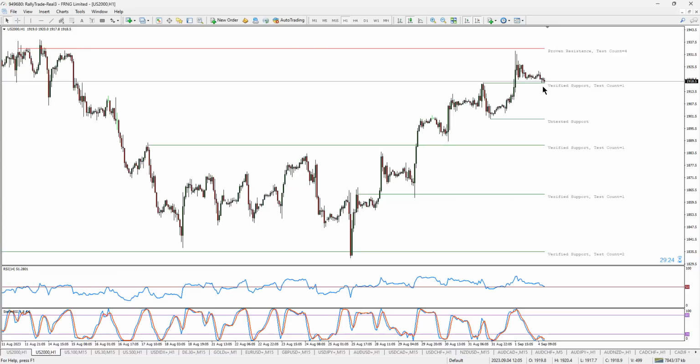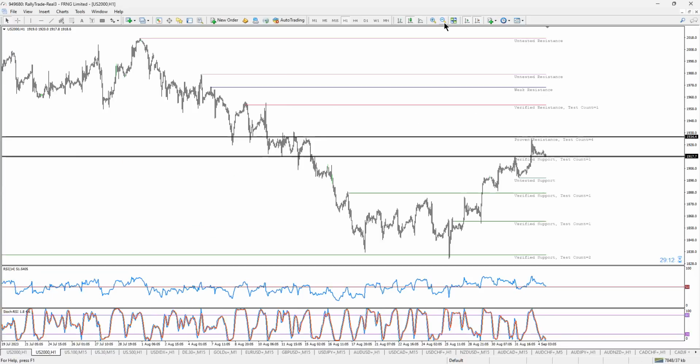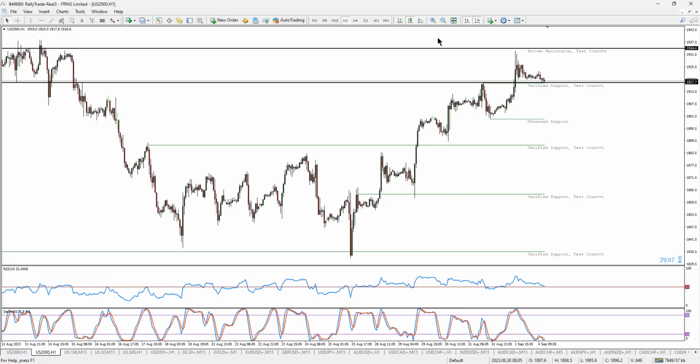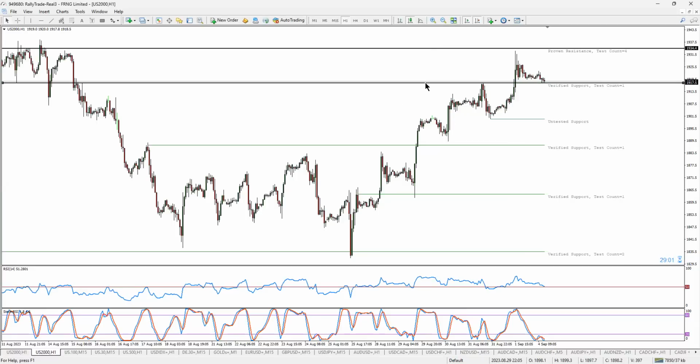By 2:30 p.m., the New York session is going to open, right? So this is the closest resistance on 1 hour, and this is the closest support on 1 hour. My support and resistance indicator has already drawn out those areas for me. Thank you very much, support and resistance indicator. What would I do without you?